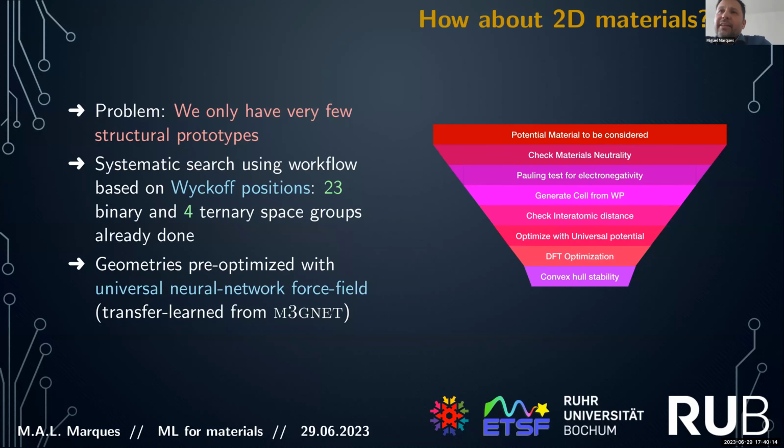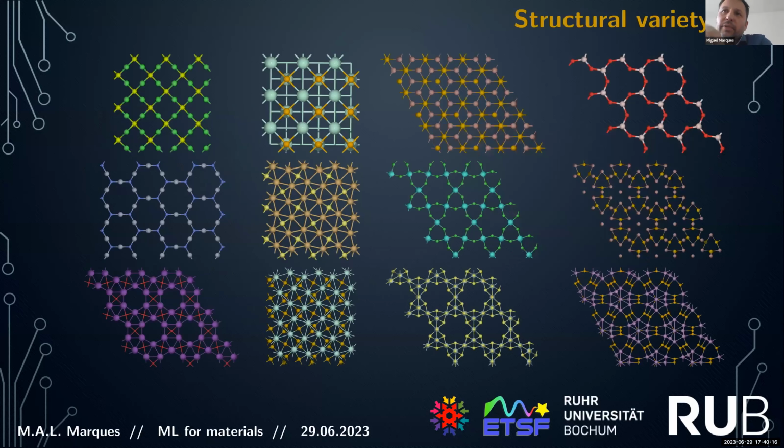Just for you to have an idea of the structural variety that we have, we now have a very large database of stable or close to stable 2-dimensional systems. We have found essentially every single paving or every single tiling that you can imagine. I have a few examples here, from normal square lattices, hexagonal lattices, to more complicated square snub lattices, or even Kagome lattices.